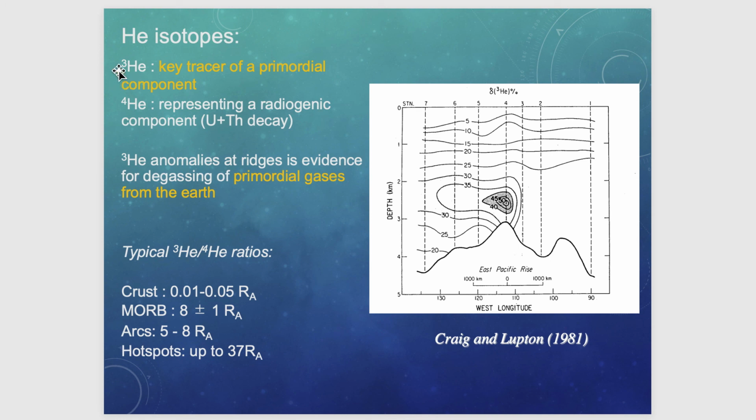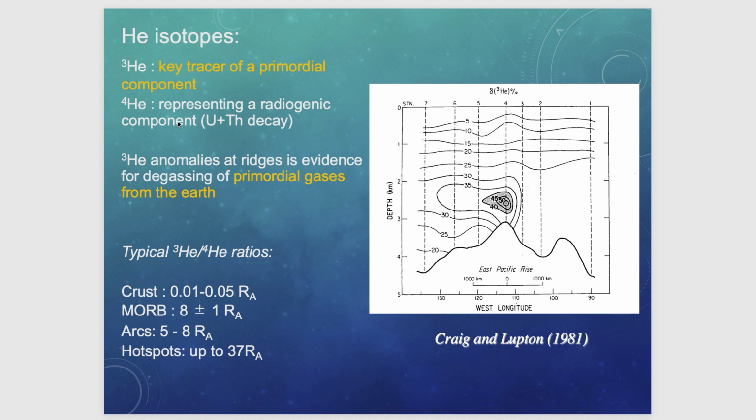Instead, it's similar to lead 204. Here the helium-4 is the result of a radiogenic process. So it's important to remind you that in the previous slide, the stable isotope was the oxygen, but the diagram combined essentially a radiogenic ratio with the stable isotope ratio.